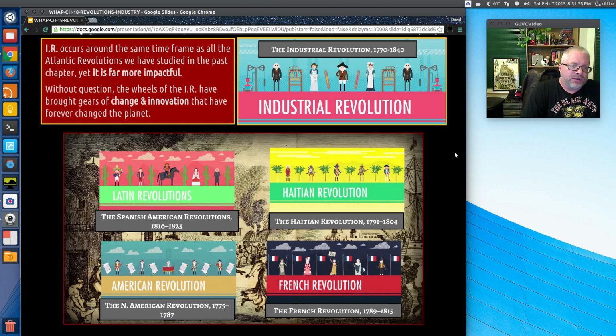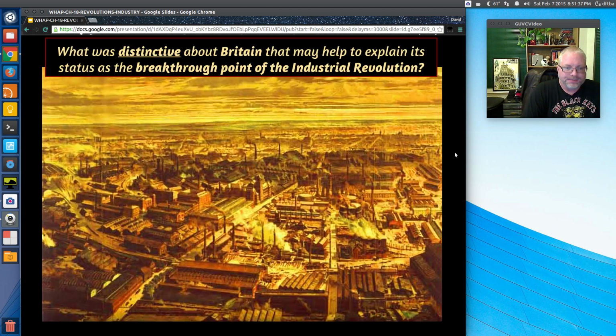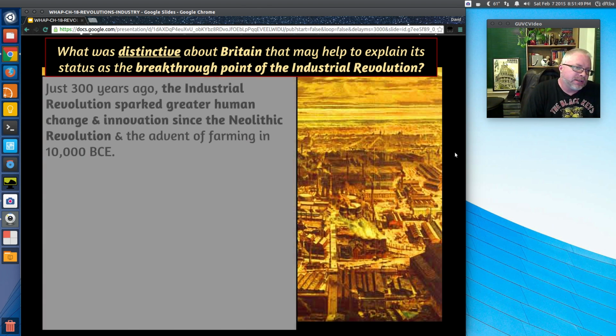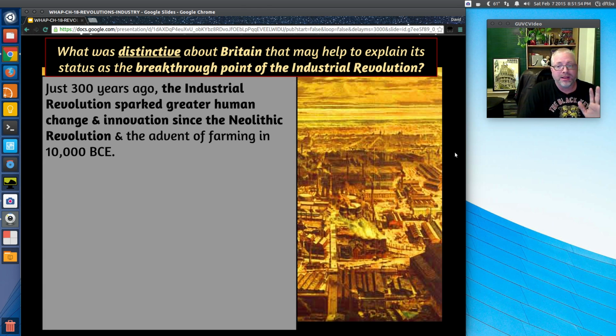are a major impact. So what was distinctive about Britain that may have helped to explain its breakthrough status as the home of the Industrial Revolution? Let's check it out and think about it here. So this is just 300 years ago. That's really hard to even imagine, that 300 years ago, at the beginning of this, people weren't living with much industry.